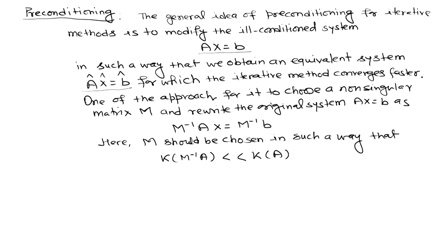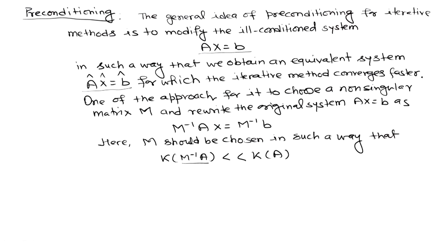So, how do we choose such an M, that is the preconditioner M, such that M inverse A is symmetric as well as positive definite? Let us address this issue.